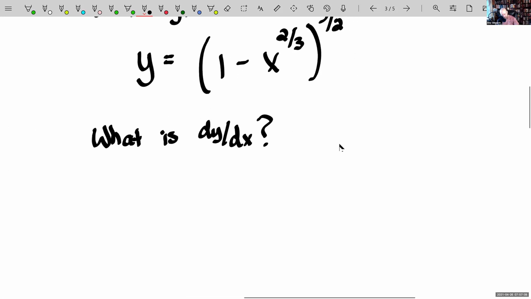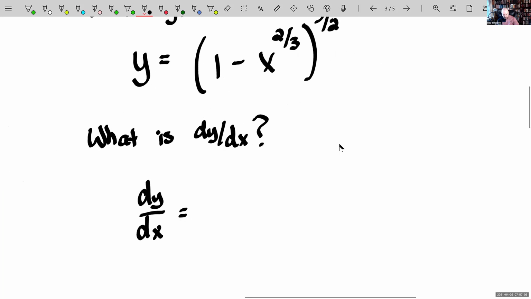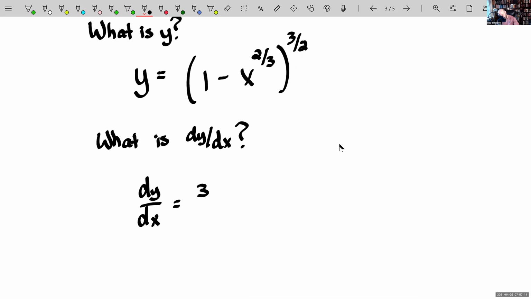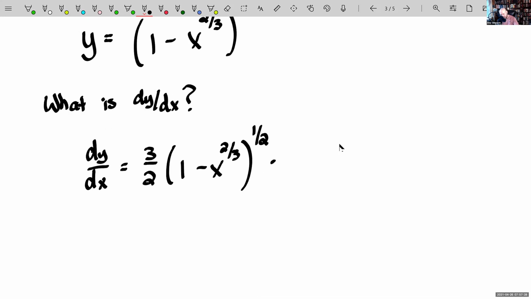So dy dx here, well, we have something raised to the 3/2, so that's going to be 3/2 times that something raised to the 1/2 times, by the chain rule, the derivative of the interior or the argument of that 3/2 power. And the derivative of that argument will be a negative 2/3 x to the negative 1/3. Let me do it this way. That way it's clean.